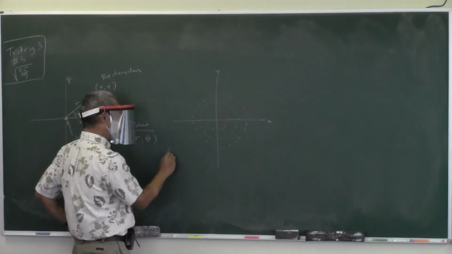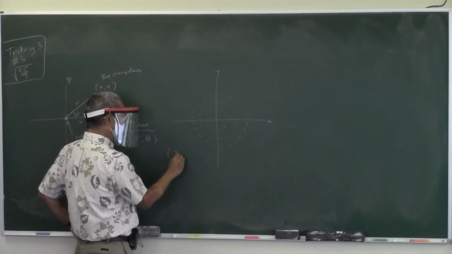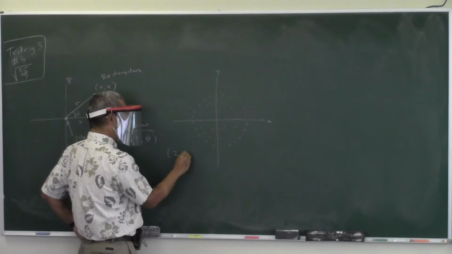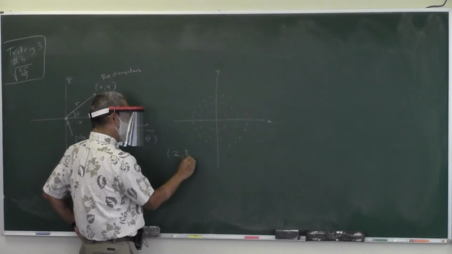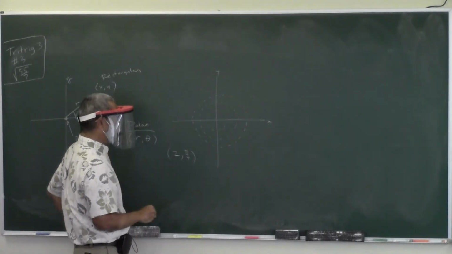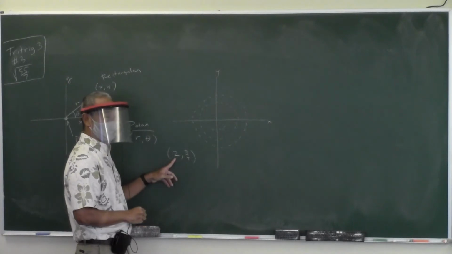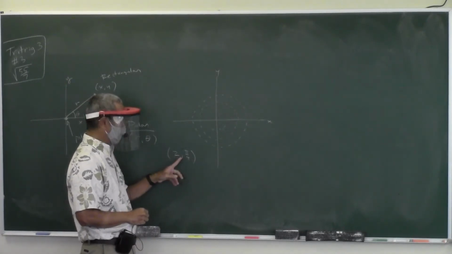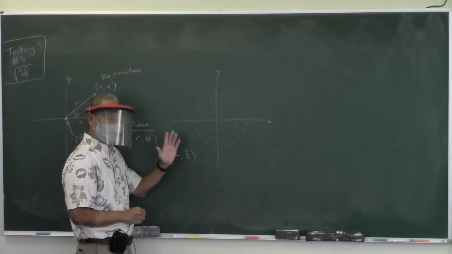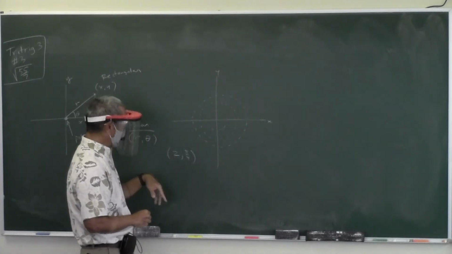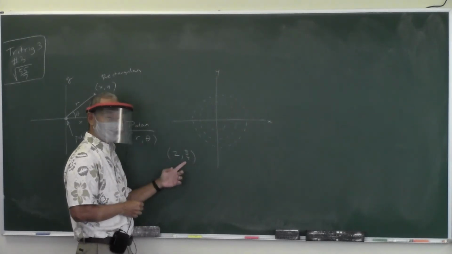So how do you plot the point 2 comma pi over 4? What does this mean? The point is 2 units from the origin, and it makes an angle of pi over 4 with the positive x-axis. What I like to do is measure off the angle first.